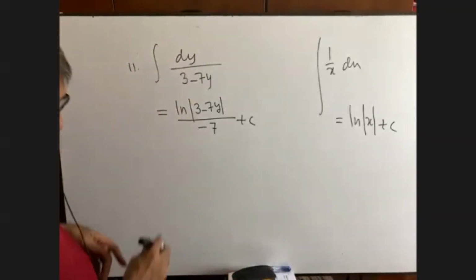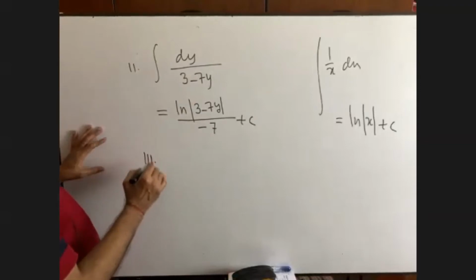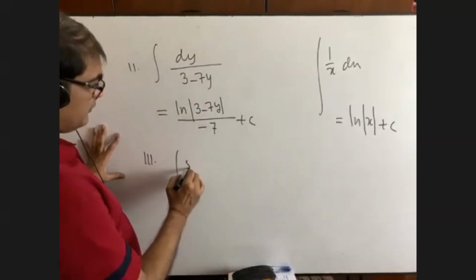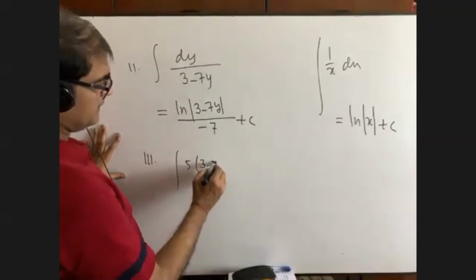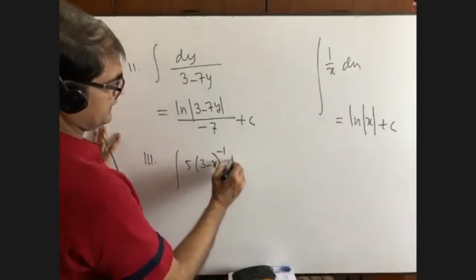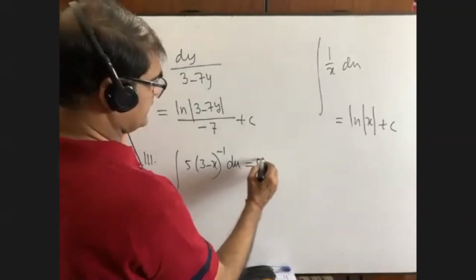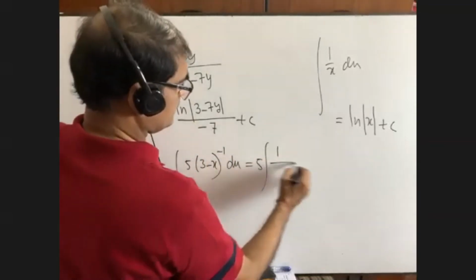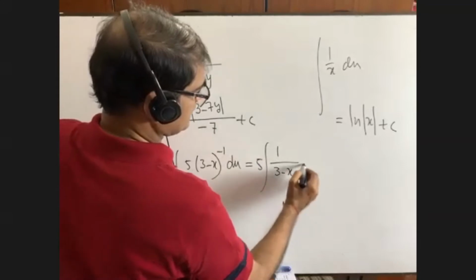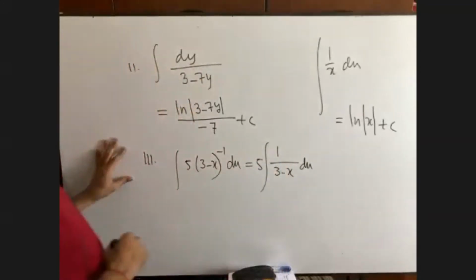Suppose another math is given, number 3. 5 times 3 minus x whole to the power minus 1 dx. Do not be afraid of it. It is 5 times 1 by 3 minus x dx. Now the math is done.